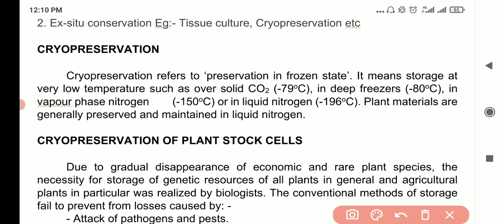But other than your normal home refrigerator, you can store at even lower temperatures. Like when they bring the fish from Andhra Pradesh, the fish that you eat, have you seen that block of ice? Do you think that is frozen water?